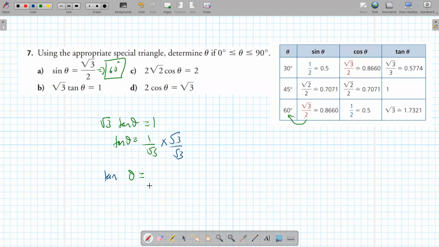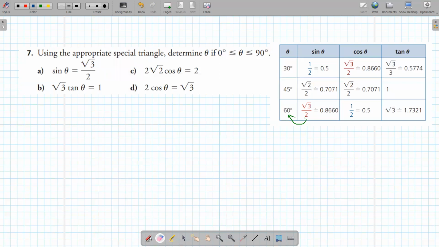Root 3 over 3? Yep. So what's theta? If tan theta is root 3 over 3, what's theta? It's 30. And you're done. Easy.